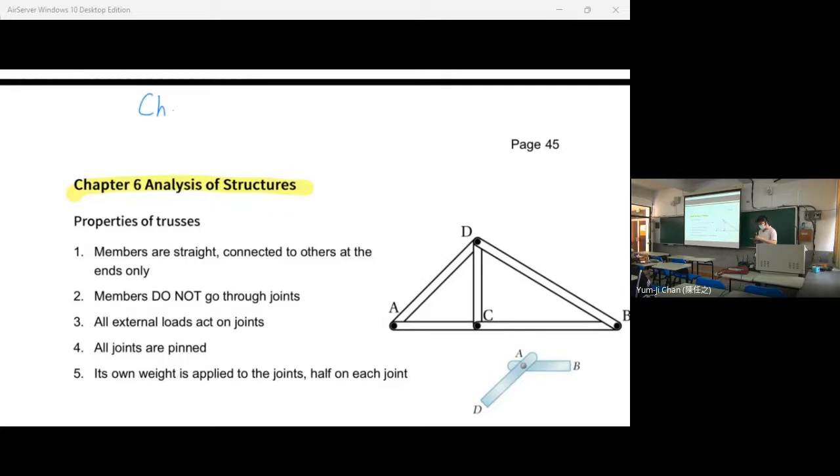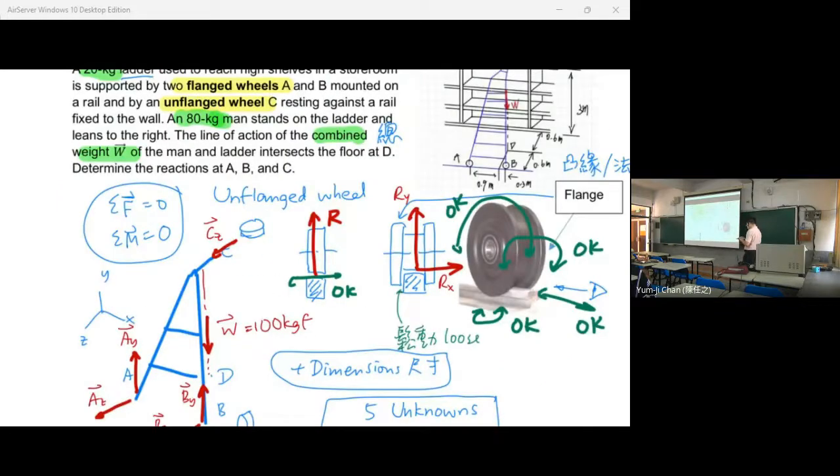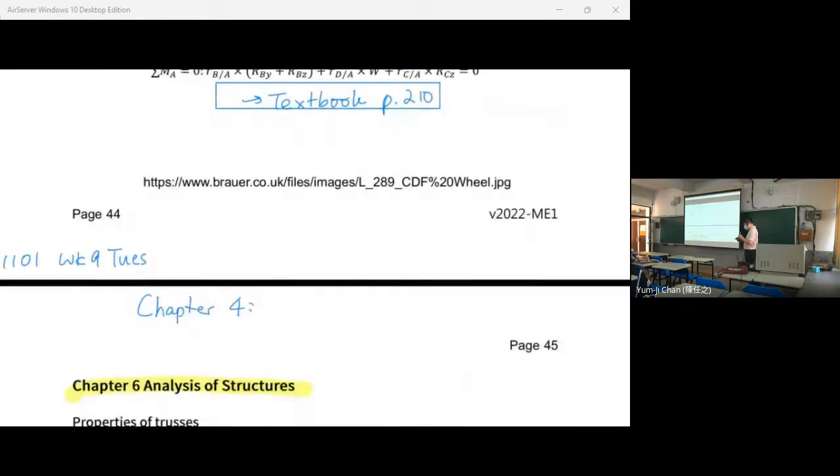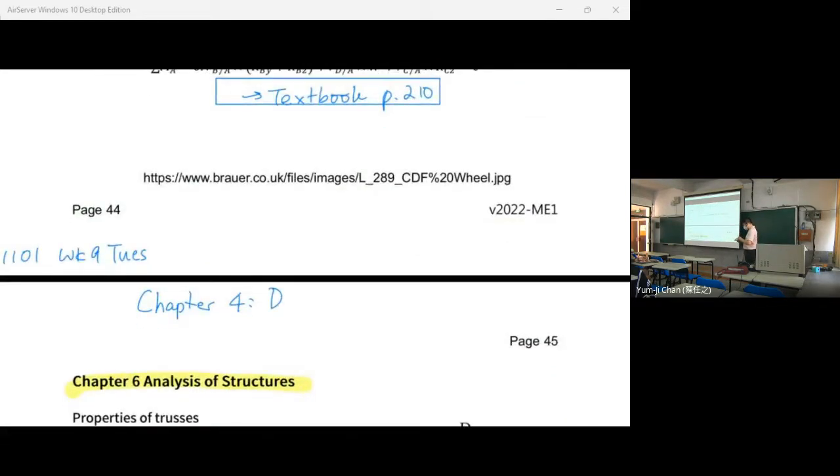In chapter 4, we determine, in the problems in chapter 4, we determine the support forces, right? Like sample problem 4.7, we determine support forces.